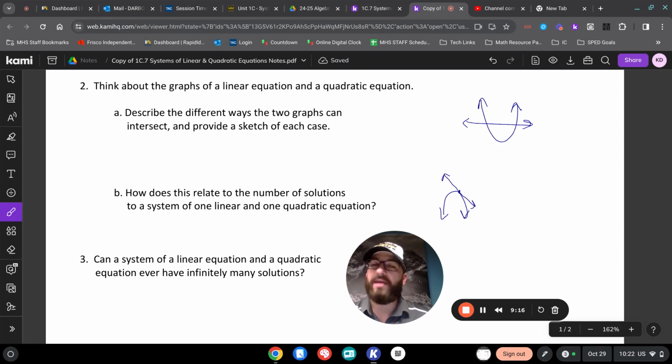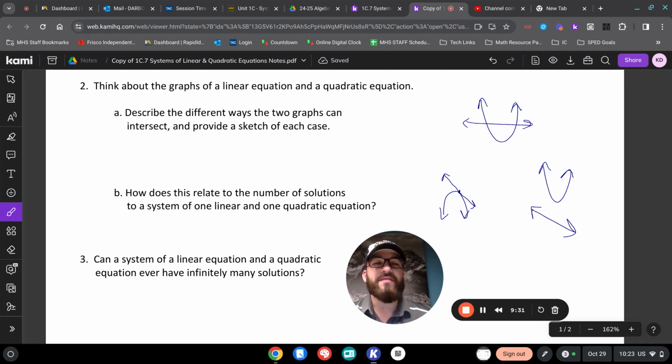Pretty hard, but it can happen. Okay. And then, of course, last way that we could have them intersect is actually have them not intersect at all, which is if we had a quadratic function like that, a linear function like that, and they're just never intersecting.